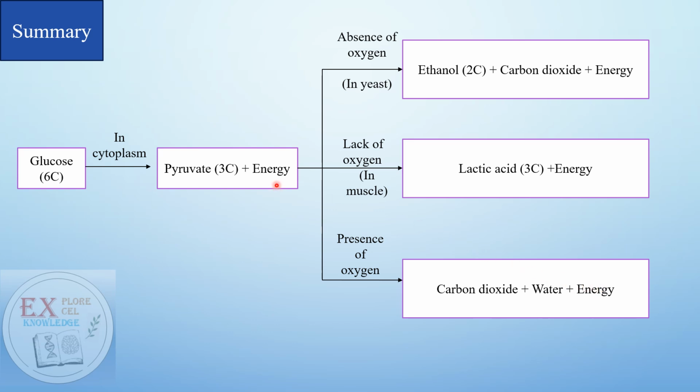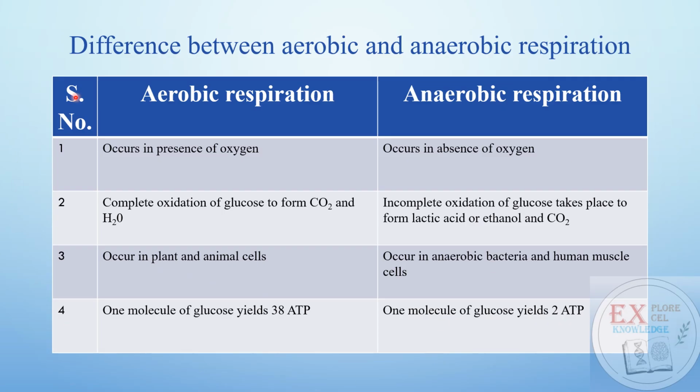If oxygen is not present in the cells, pyruvate is converted to either ethanol or lactic acid depending on the process taking place in which organism. This tabular column depicts the difference between aerobic respiration and anaerobic respiration.